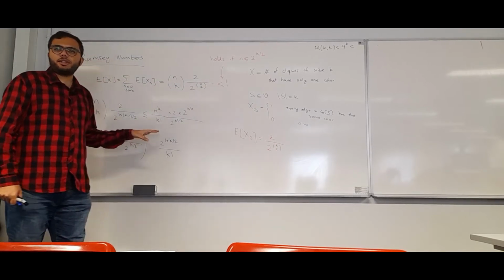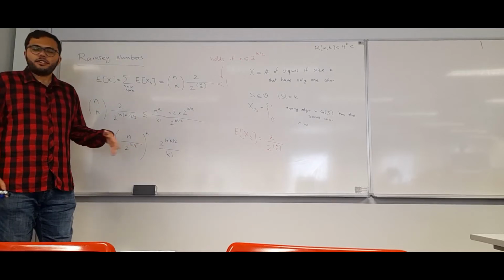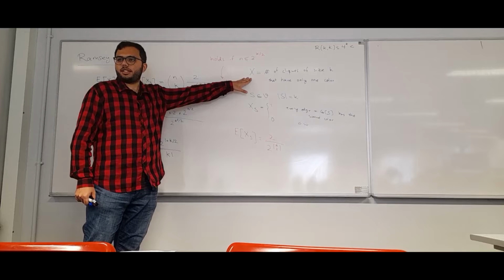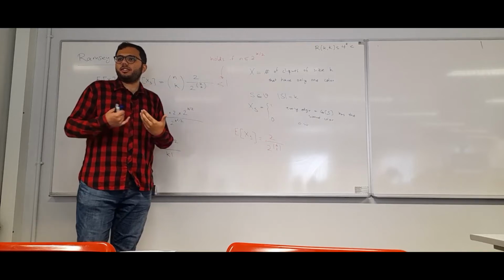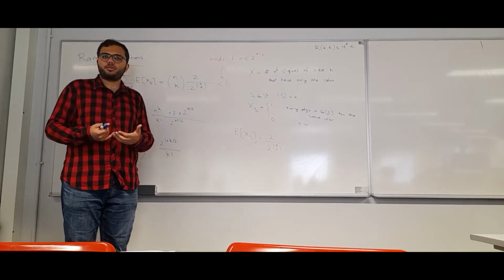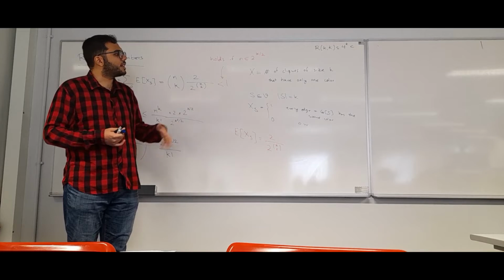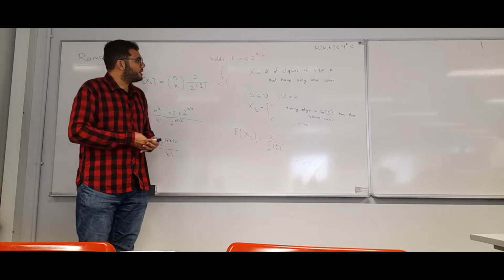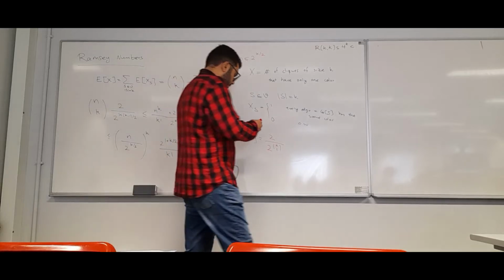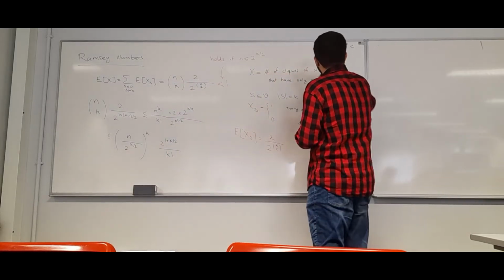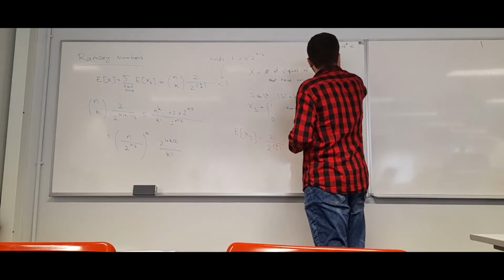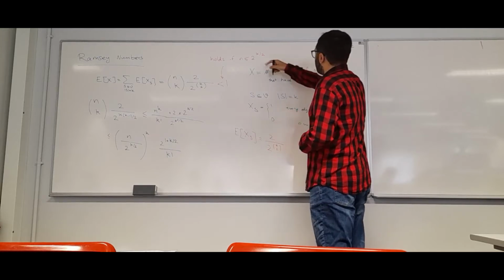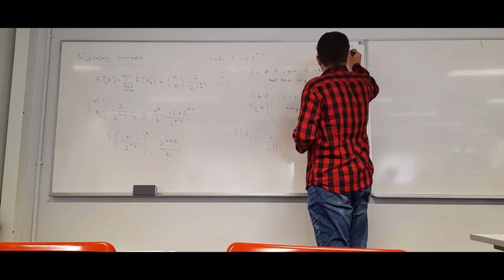And since that expected value is less than 1, there should be a coloring in which the actual value of x is less than 1. So there is a way to color this graph so that you don't have a clique of size k that is entirely red or entirely blue. So by definition, this means that the Ramsey number with parameters k and k is going to be more than 2 to the power of k divided by 2.